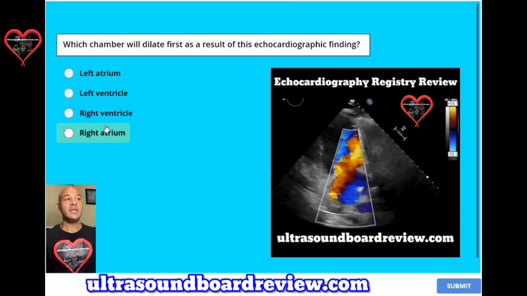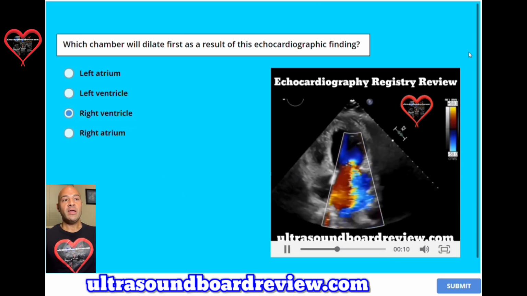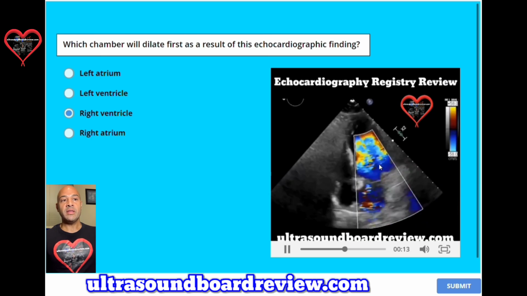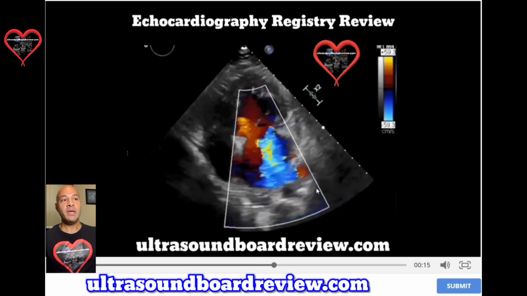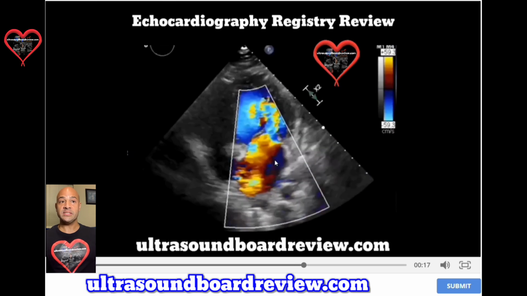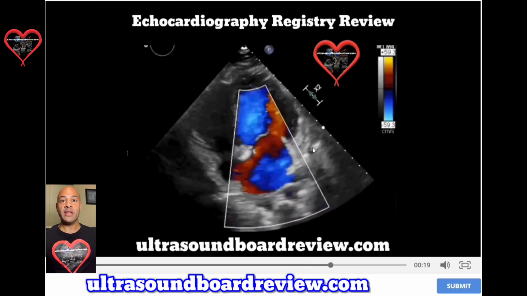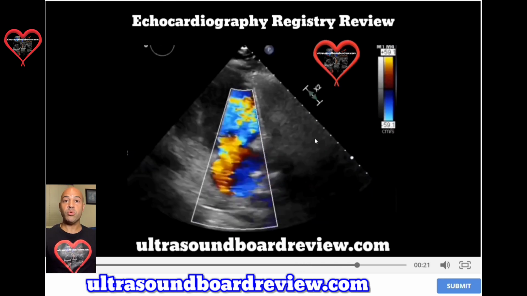The answer is C, right ventricle. When you have severe MR, the MR will back up into the left atrium and into the lungs, then into the right side. So the right side will dilate first, then everything distal from there will start to dilate.